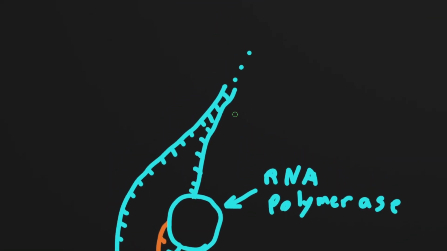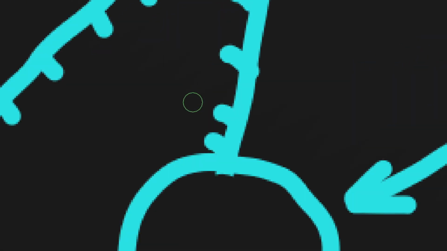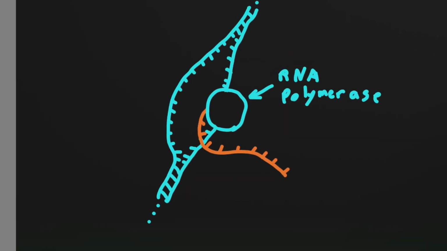So how transcription works is that an RNA polymerase attaches onto a DNA strand, moves up, finds nitrogen bases that pair up with these, and then makes an RNA strand that comes off of it.